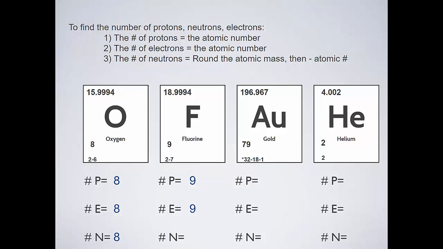Number of neutrons? 10. So now we have an element that has a number of neutrons different. How did we get 10, Danielle? Because you round 18.9994 to 19, subtract 9, you get 10. Good. All right, let's finish up with these two.